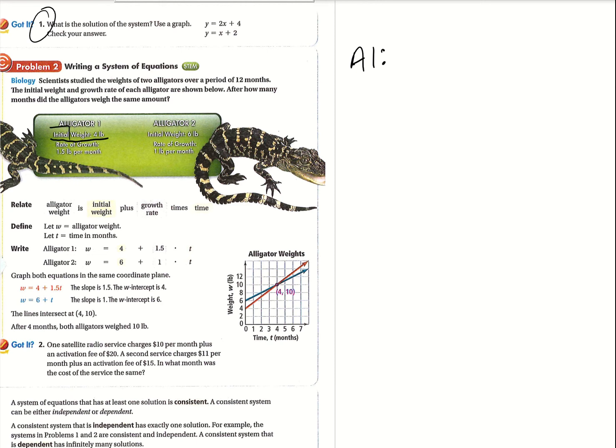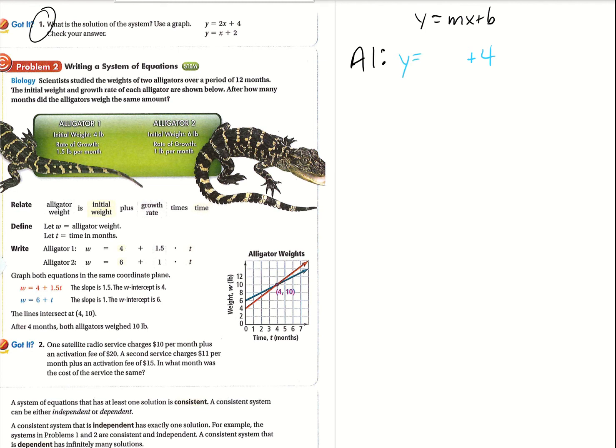Anytime you see something is initial, that just means that is your starting point, or what we're at when x is 0. And if you remember from our graphing, when x is 0, that is our y-intercept. So if we have an equation in y equals mx plus b form, for alligator 1, our y-intercept is going to be 4.